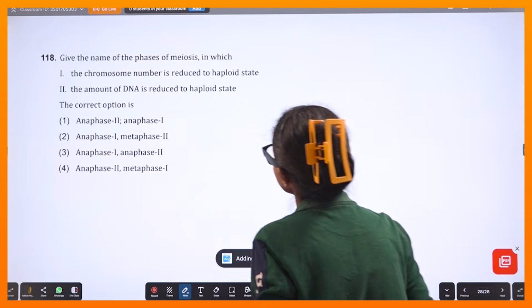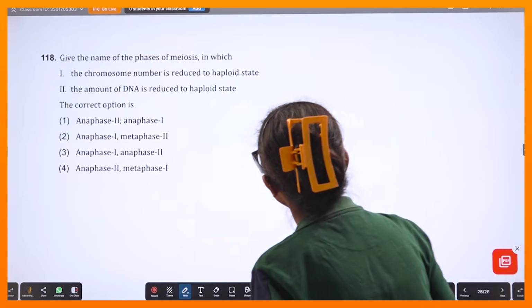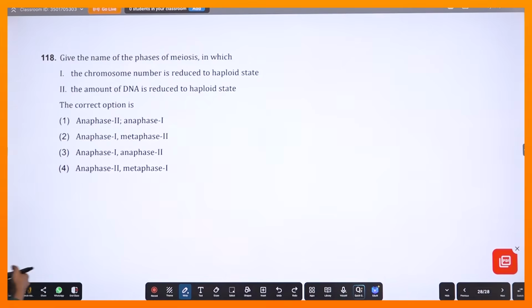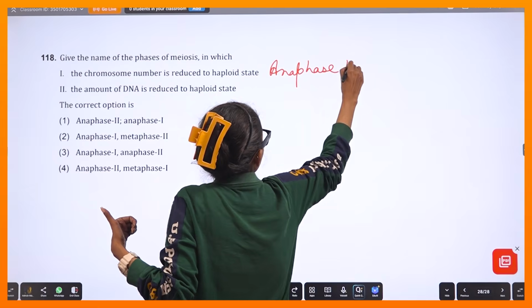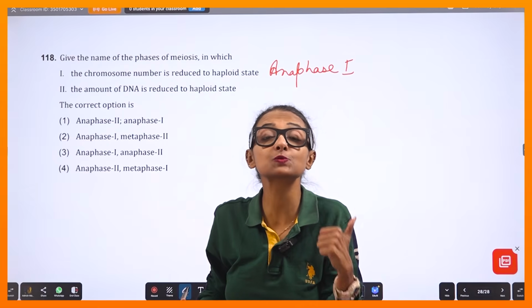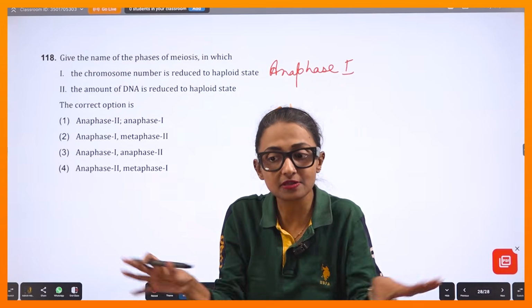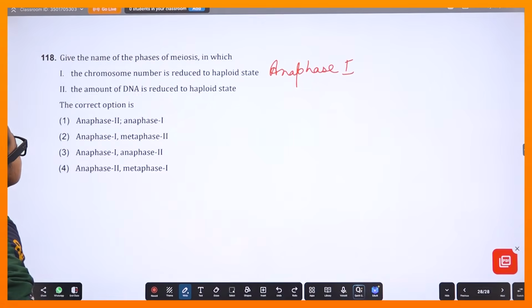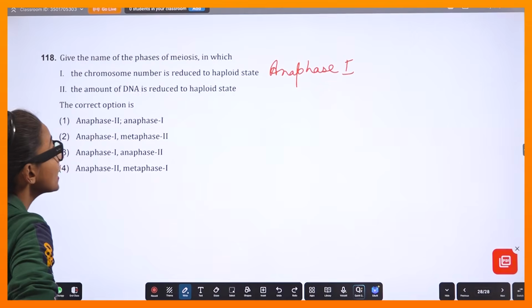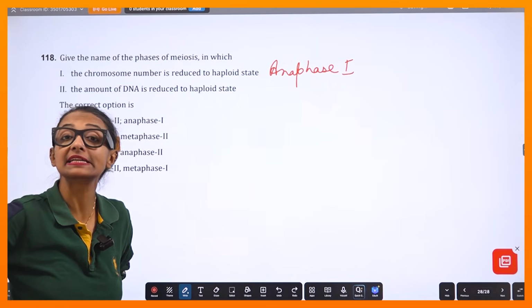Let's move on. Give the name of the phase of meiosis in which the following happens. The chromosome number is reduced to haploid state. That has to be anaphase 1. Meiosis 1 is your reductional division, so by the time anaphase 1 is over, the ploidy of the cell is halved. Meiosis 2 is called equational division.